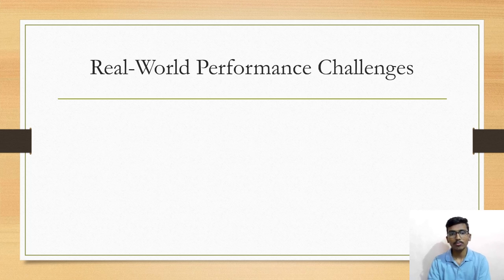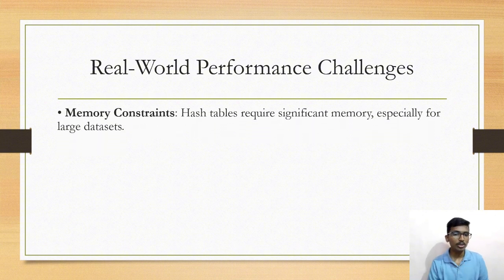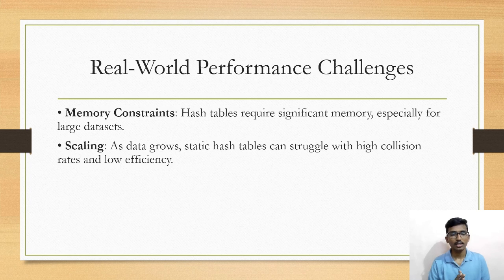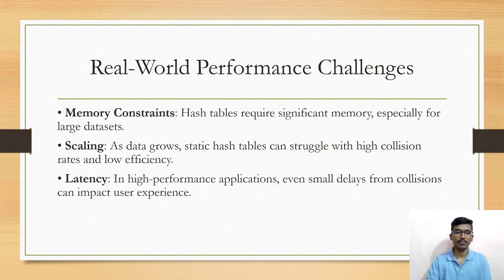Real-world performance challenges. Memory constraints. Hash tables require significant memory, especially for large data sets. Scaling. As data grows, static hash tables can struggle with high collision rates and low efficiency. Latency.